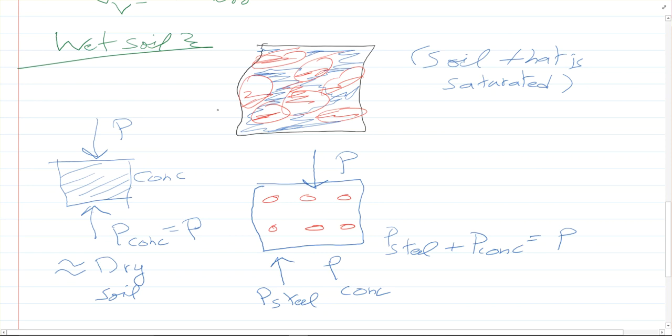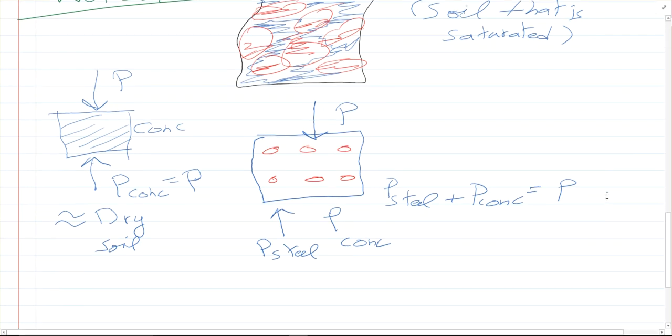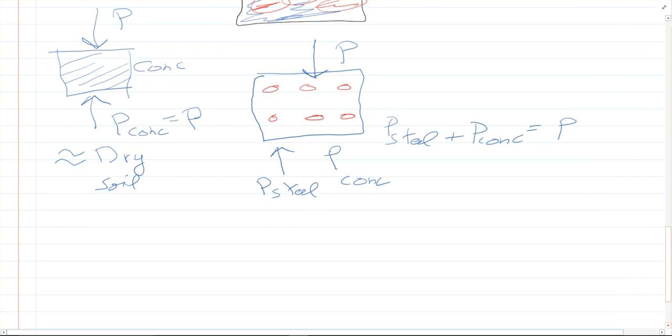Now wet soil is not different, it's the same. We have solids and we have water, so we have two materials. So now if I apply this stress on this material, let's see what happens. I've got the solids and I've got water.